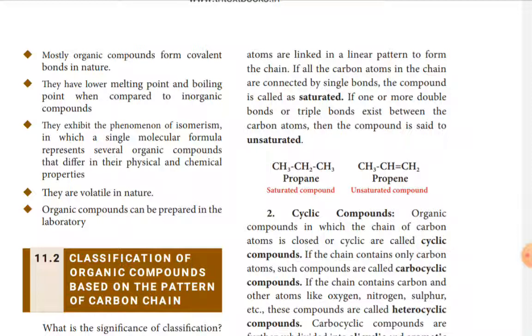Then cyclic compounds are further classified into carbocyclic, only carbon ring, and heterocyclic, which contain other elements like oxygen, nitrogen, sulfur involved in the bonding. Then carbocyclic is further classified into alicyclic and aromatic.